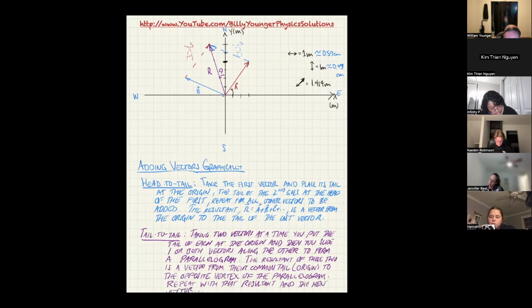Dot, dot, dot. So if we only had two, we'd be done after making the parallelogram. If we had three, we would make the parallelogram, get the resultant, forget about the first two, and then add another vector, putting the tail at the origin, complete a parallelogram with that, get another resultant. That would be the sum of the first three. And you keep doing that until all the vectors have been used up. Does that make sense?